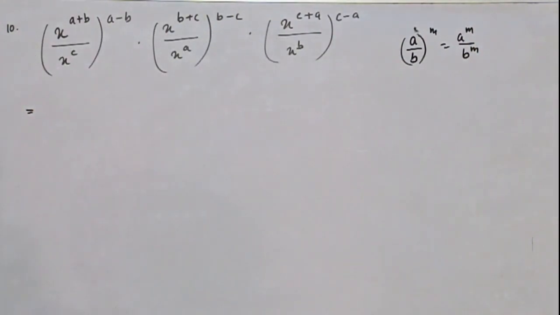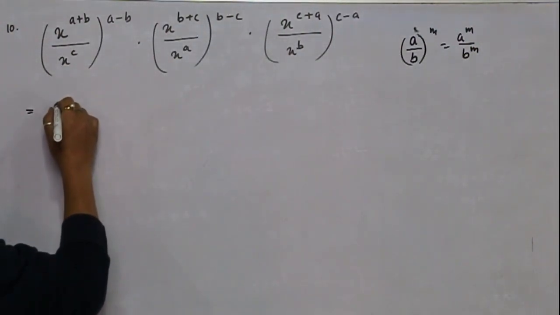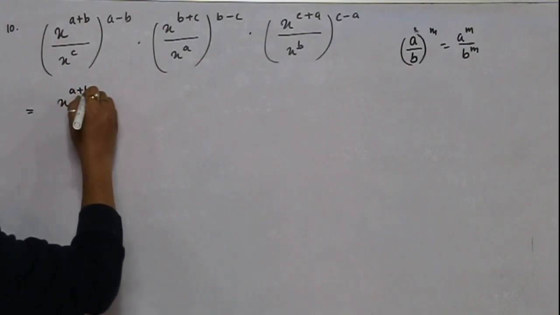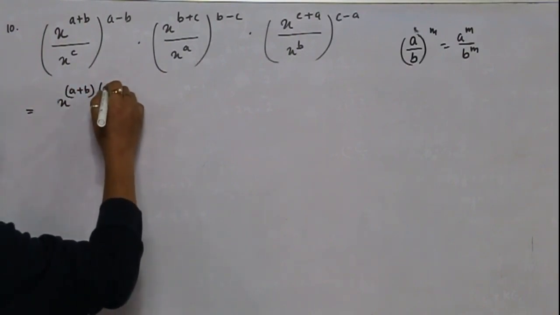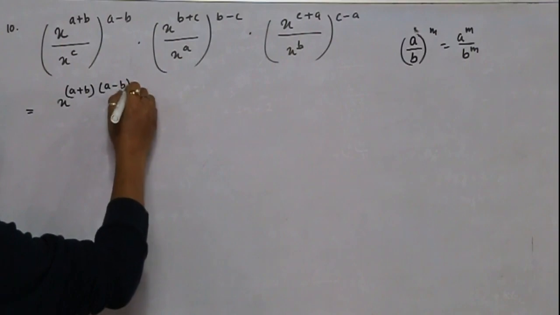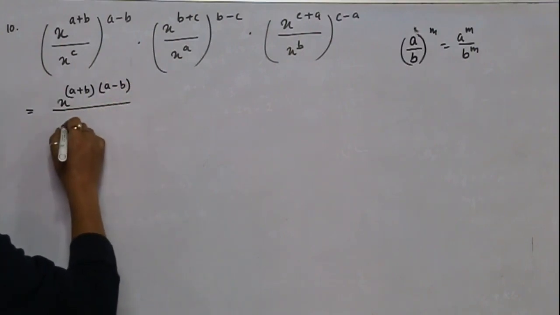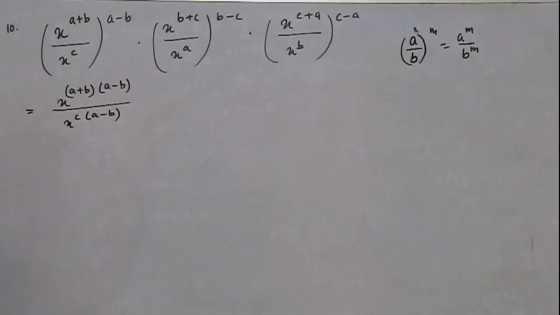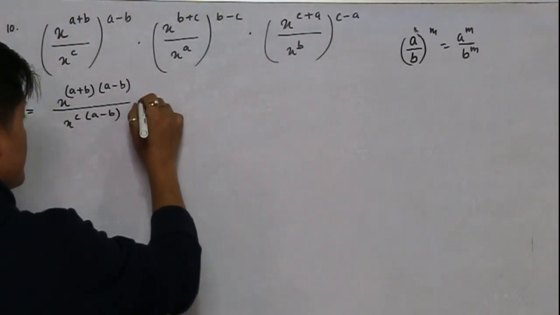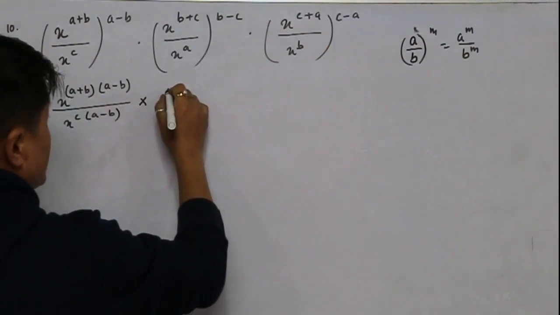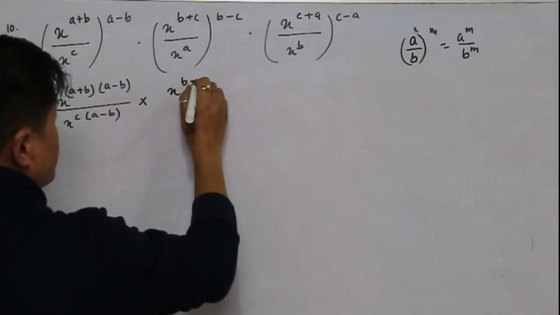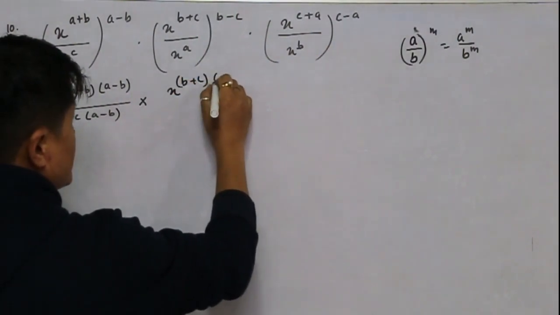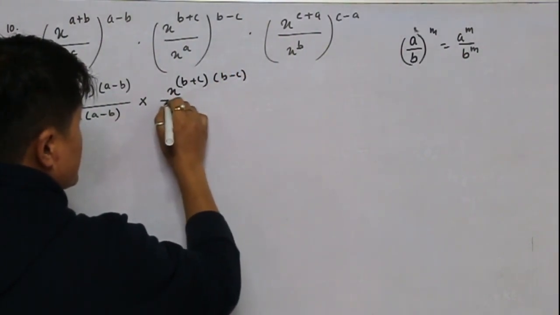We use this law, so this can be written as x to the power a plus b divided whole to the power a minus b whole divided by x to the power c into a minus b. Clear? Into, I'm writing this sign into x to the power b plus c into b minus c.